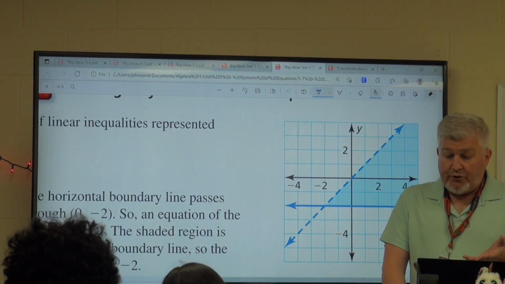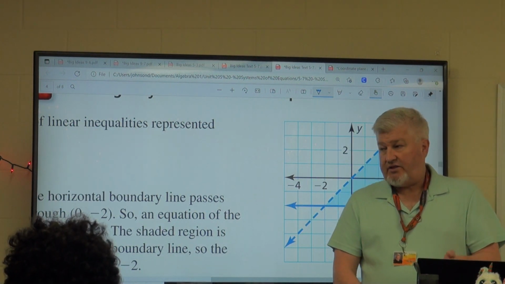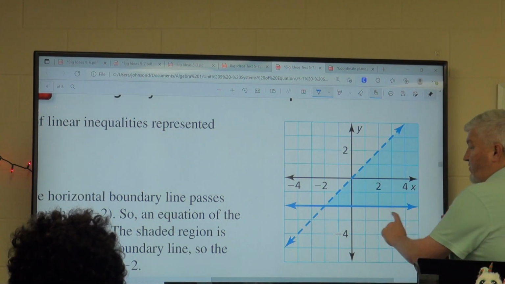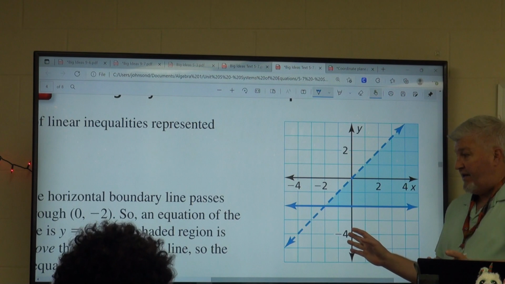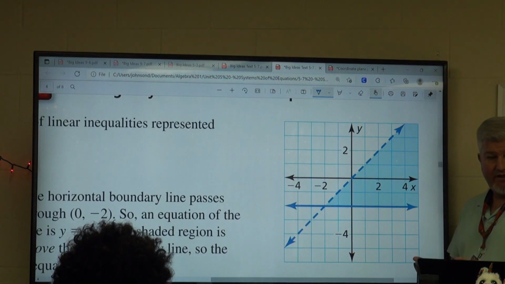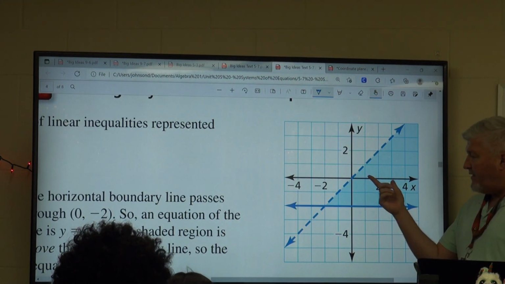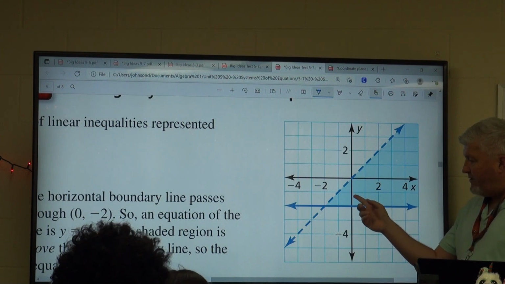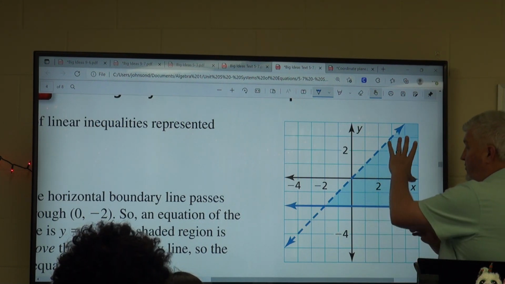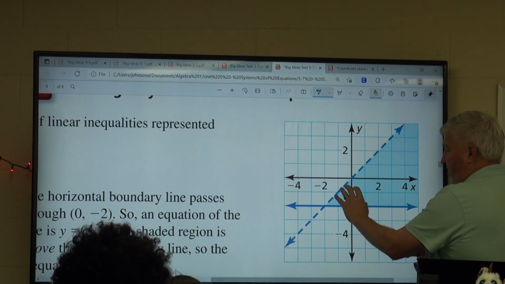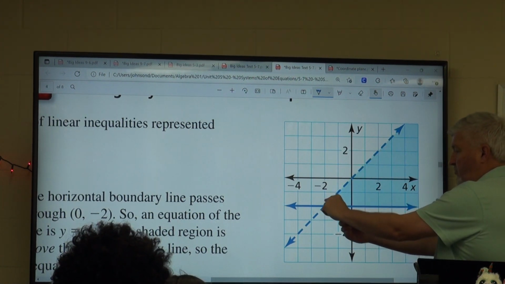So I look here. Let's do the easiest one first. The easiest one to me is the horizontal line. First of all, note that it's solid, so it's going to be either greater than or equal to or less than or equal to. And it crosses at y of negative 2. If you notice, this area represents the solution of these two lines.